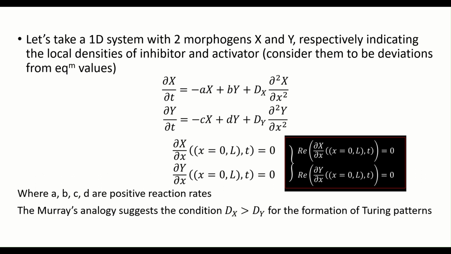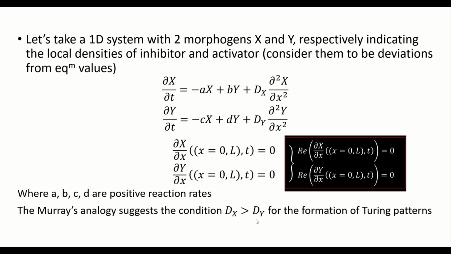Now, the constants A, B, C, D in the equation indicate positive reaction rates, and they account for how the morphogens interact with each other. Coming to the first condition for forming Turing patterns, as we saw in Murray's analogy, the diffusion coefficient for the inhibitor has to be greater than the diffusion coefficient for the activator.